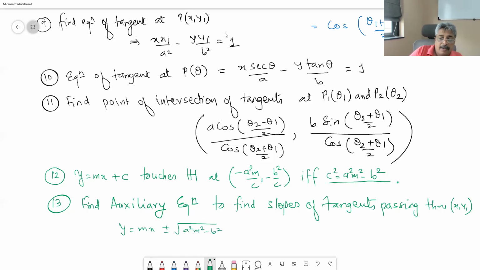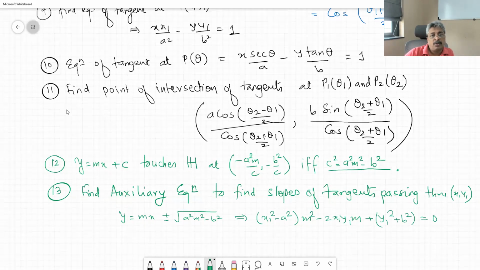This line should pass through (x1, y1). So in place of x, you should write x1, in place of y, you should write y1, and simplify to get a quadratic equation in m, which is (x1 square minus a square) m square minus 2 x1 y1 m plus (y1 square plus b square) is equal to 0. This is your auxiliary equation.